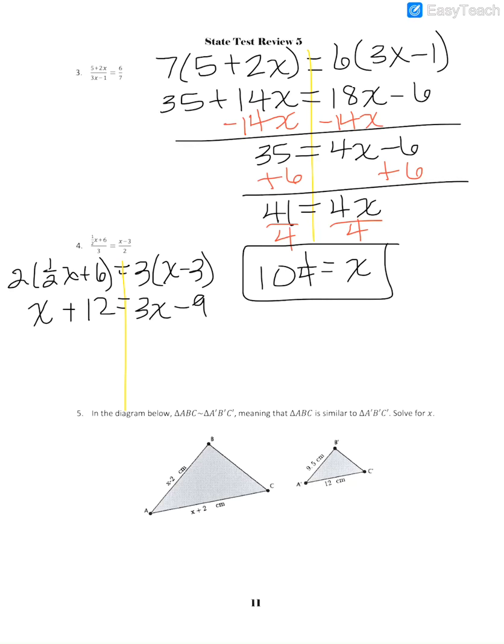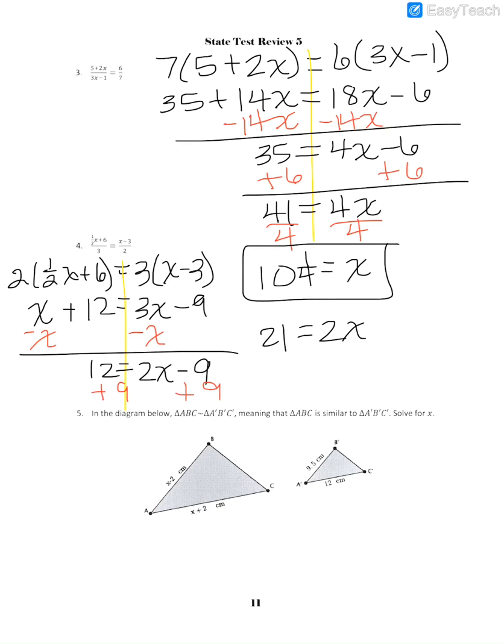We're going to minus the x since it is smaller. So we get 12 equals 2x minus 9. Add the 9. 21 equals 2x, divide by 2, and we get 10 1/2.